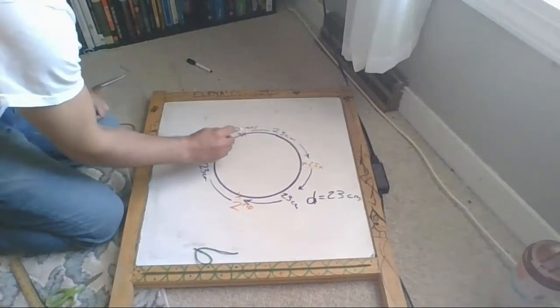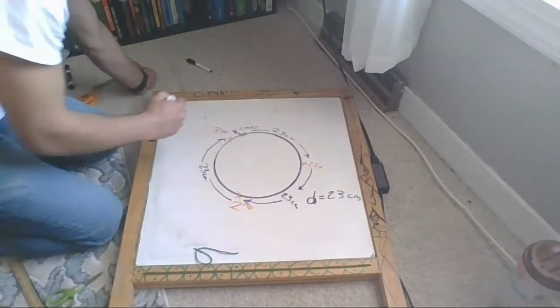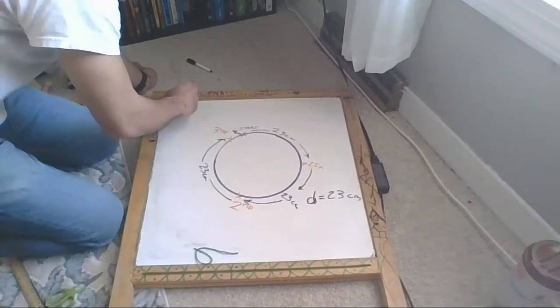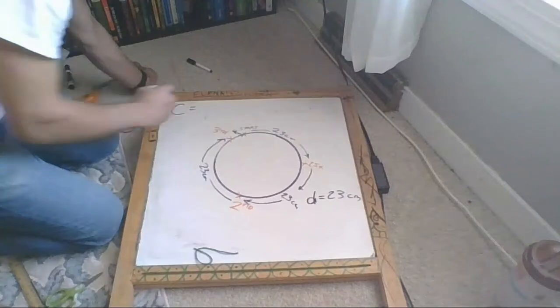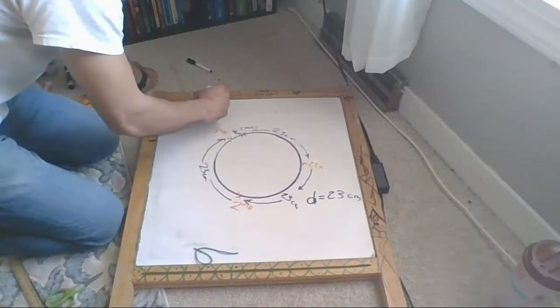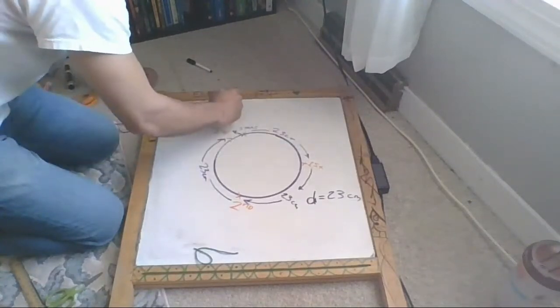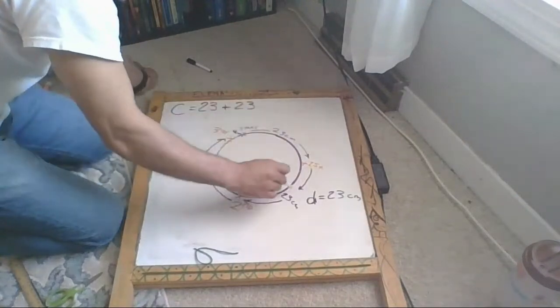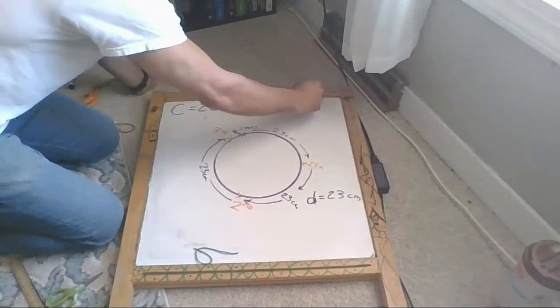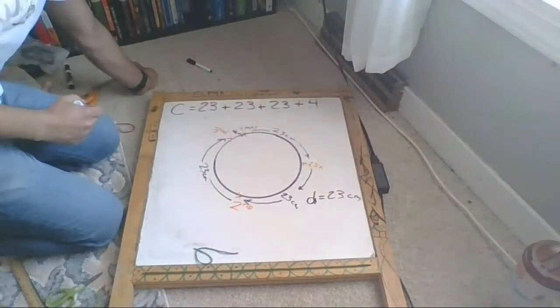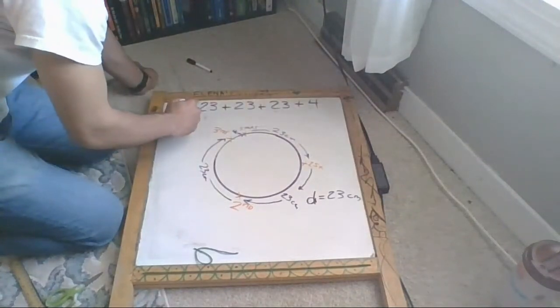Okay, so my circumference, I'm going to write this down right here, is equal to 23 plus another 23, plus another 23, plus 4 centimeters. All right, so let's add all that up here.